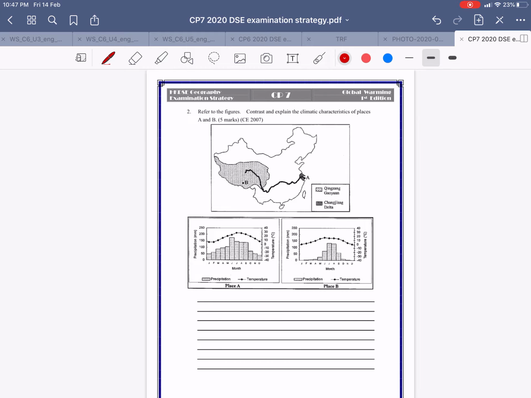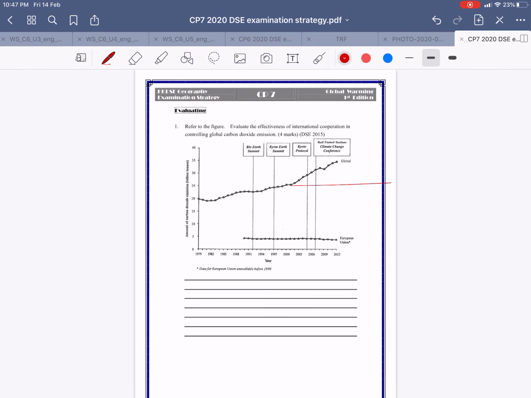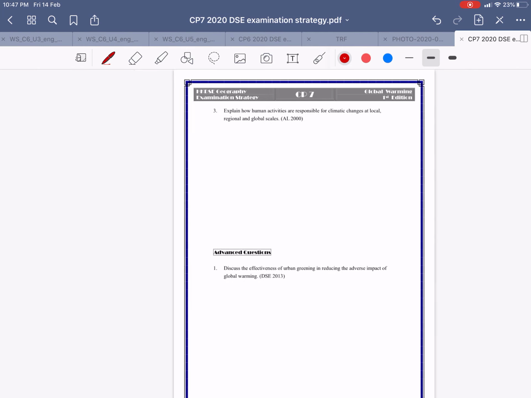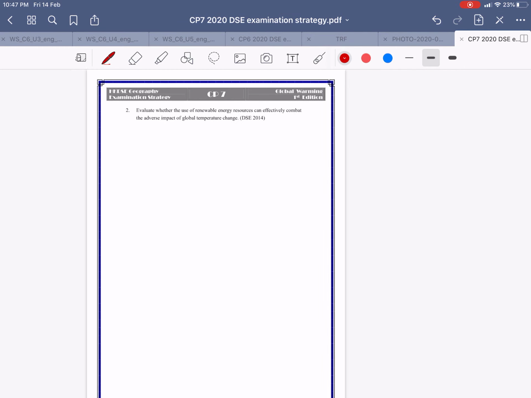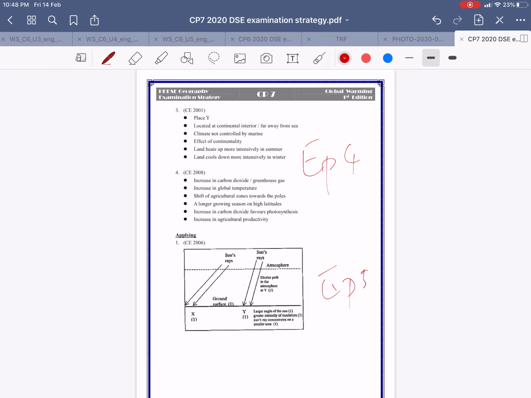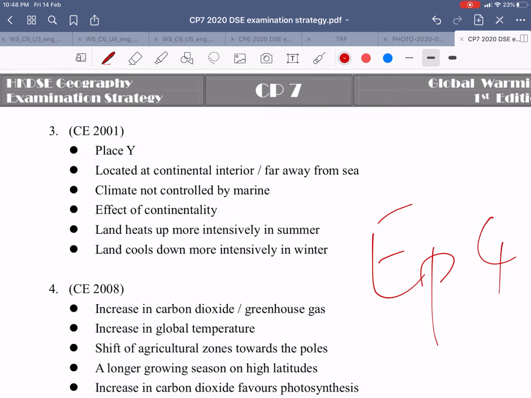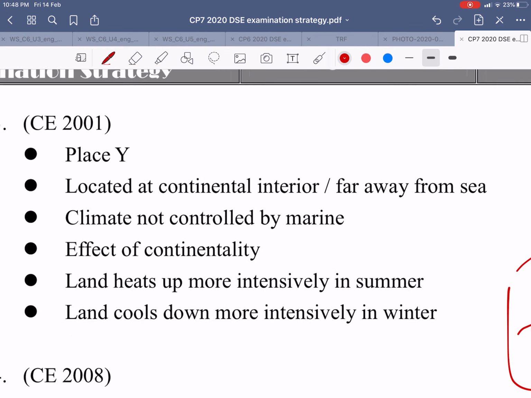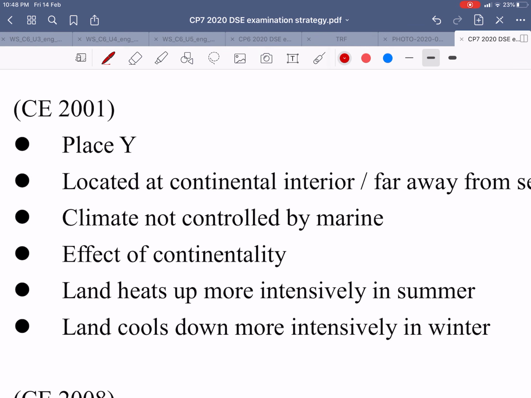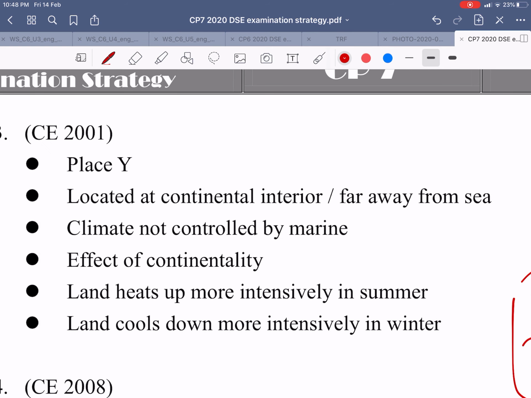So for the main concept, let's bear in mind why, when you are going to the swimming pool in the summer, as I said before, it is mostly located in the continental interior, far away from the sea.